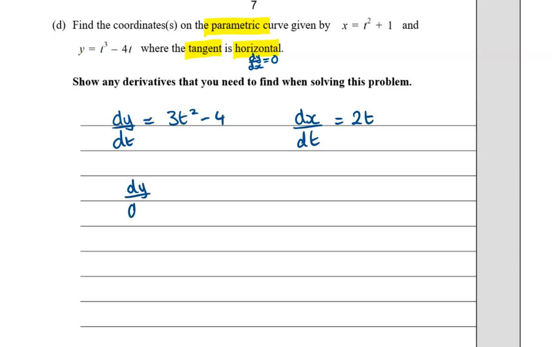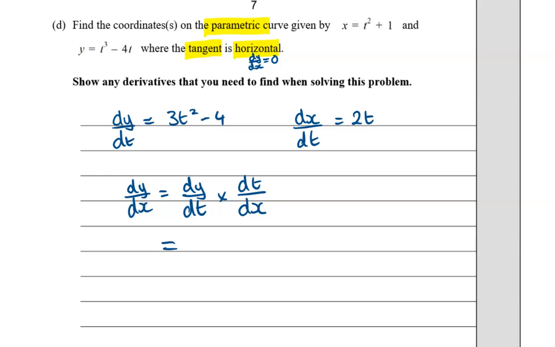dy by dx then is dy by dt times dt by dx. That's using the chain rule so that we can cancel out the dt parts and be left with the dy and the dx in the right places, with the y on the top and the x on the bottom.